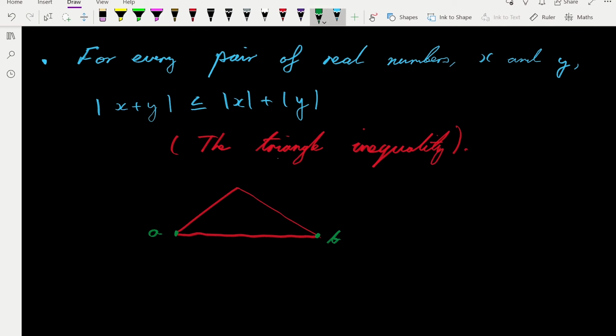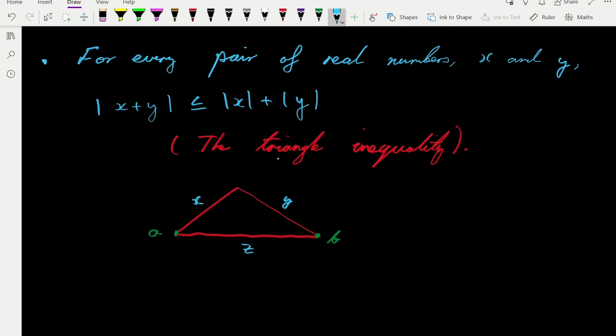What the triangle inequality ends up saying is that if we imagine that this side is X, this side of the triangle is Y, and this side of the triangle is Z, well, the combined length of X and Y is always going to be more than the length of Z. That's what the triangle inequality comes down to.